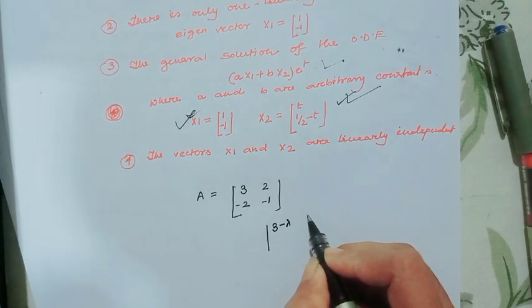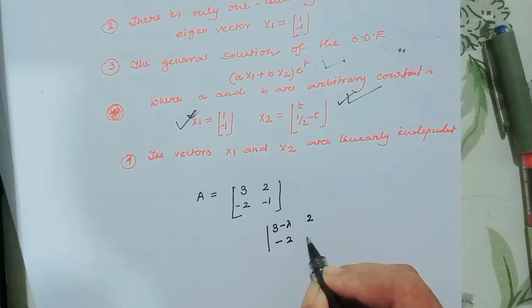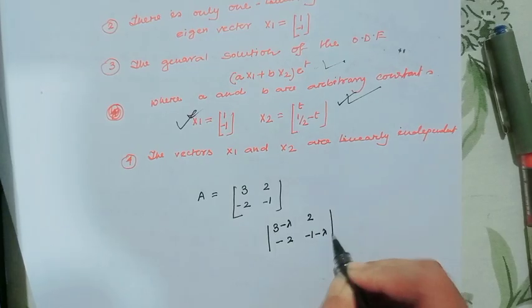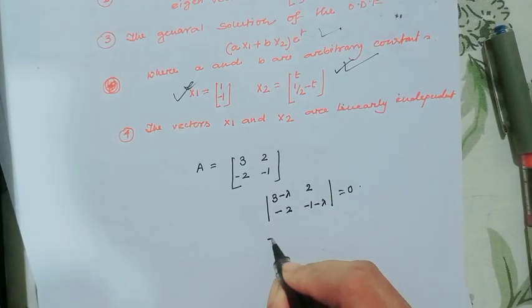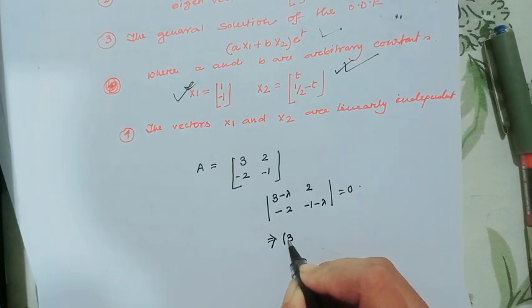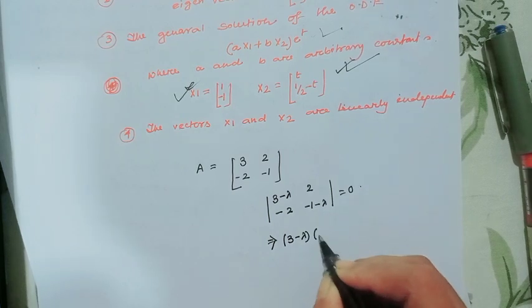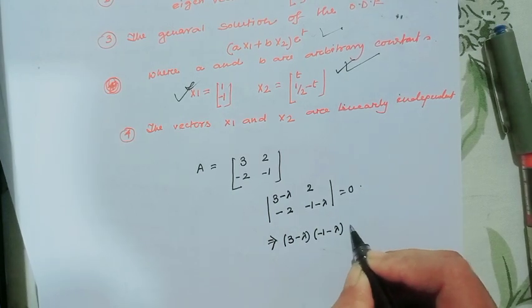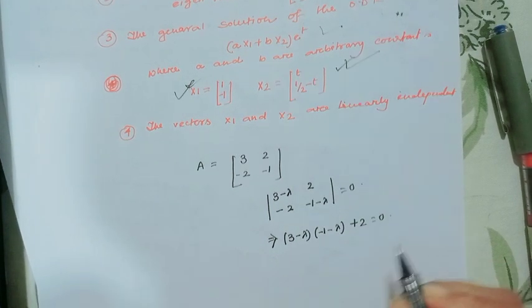3 minus lambda, 2, minus 2, minus 1 minus lambda equal to 0. That implies (3 minus lambda) times (minus 1 minus lambda) plus 2 equal to 0.